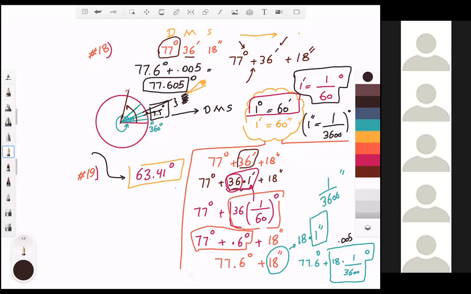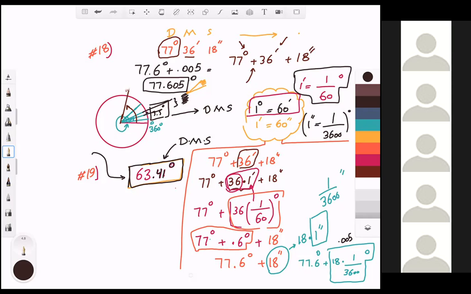All right, number 19. So we're gonna do exactly backward. 63.41, it makes sense to some system in computer. Some system, they can just plot this or find 63.41, but some other system, they might only understand degree, minute, and second.